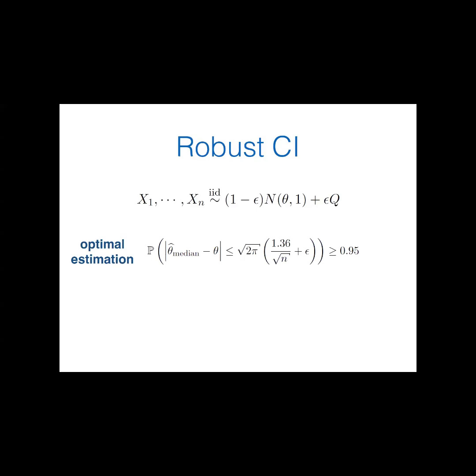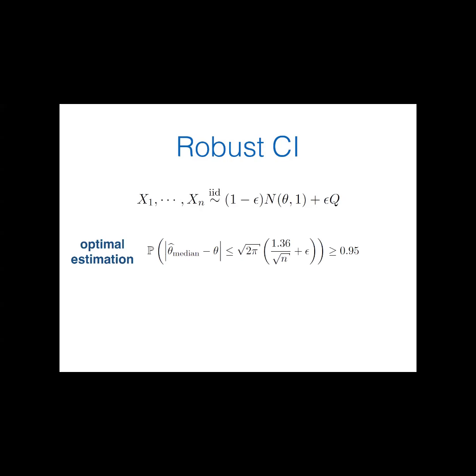This is nowadays quite well known. The sample median is a rate optimal estimator for the location parameter. It is robust. It achieves this high probability error bound: the error can be shown to be bounded by the rate 1 over root n plus epsilon with high probability.